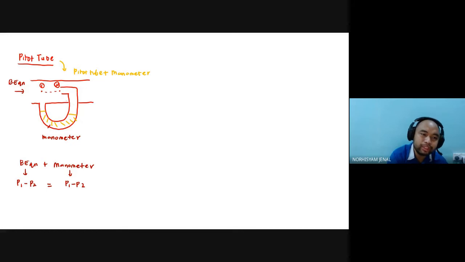So what we do here is, as usual, use the Bernoulli equation to find P1 minus P2, and use the manometer to find P1 minus P2, and then you compare. Usually you do this as usual to solve for an unknown. But normally when you use a pitot tube, it is to find the velocity.